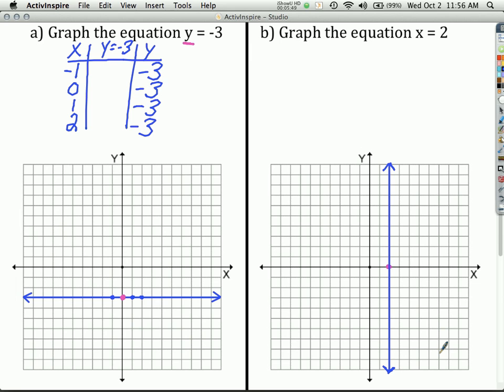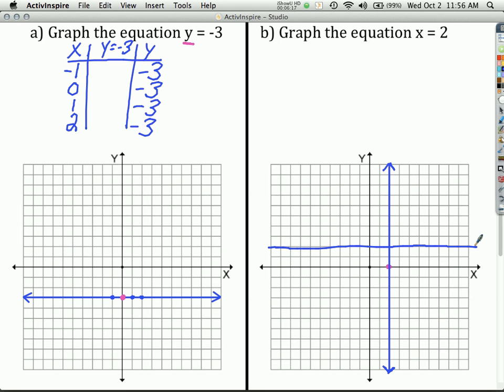Now I want you to fast forward in your mind. A week from now, you're going to get a quiz. I'm going to give you something just like this. What do you think some of my students are going to do accidentally? Catalina? When they see x, they're going to do a horizontal line. Yeah. I think a lot of my students, when they see x equals 2, are going to draw a horizontal line like that.